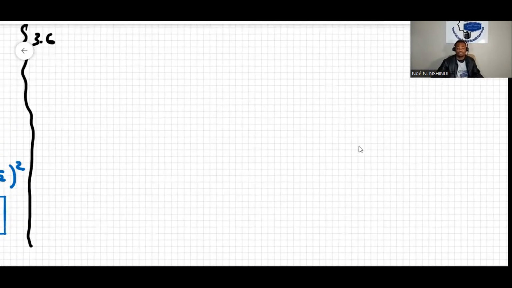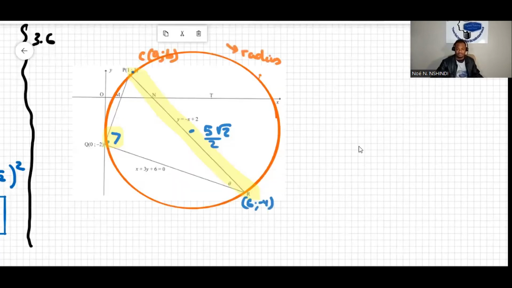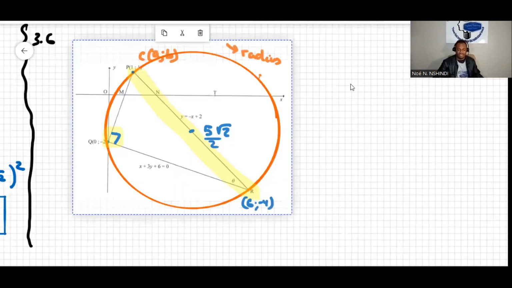I prefer to redraw the same diagram so we can see clearly.